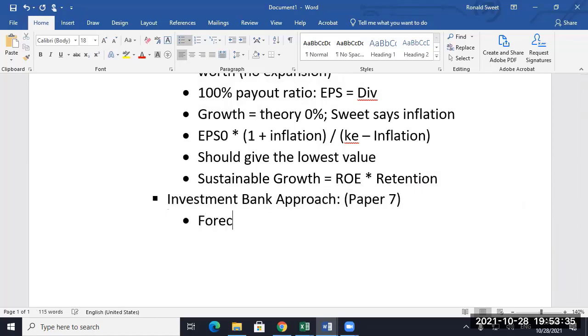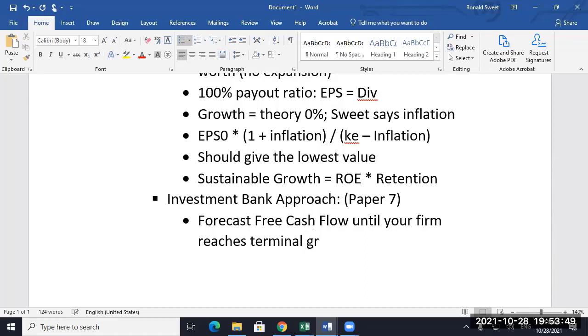Where you forecast free cash flow until your firm reaches what? Terminal growth. Could be 2 years, 10 years, 0 years. So you forecast your free cash flow until your firm reaches terminal growth.